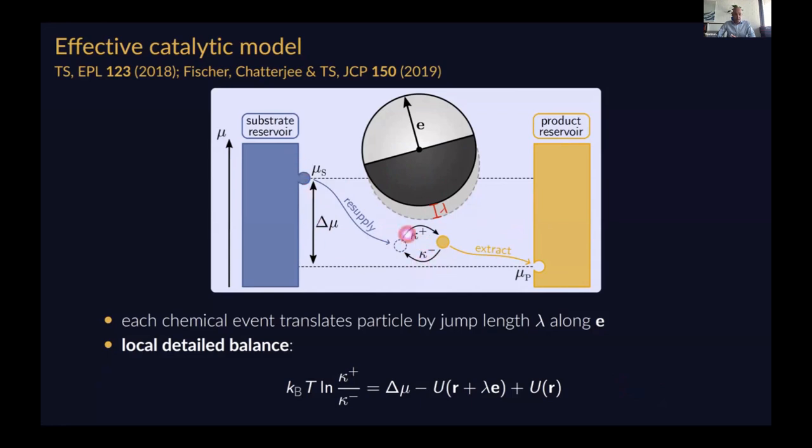Effectively, each time there is a forward chemical reaction, we take one substrate molecule and move it to the product molecule. This means that now these rates have to obey local detailed balance. So they have to obey this relationship here, where U is some external potential.